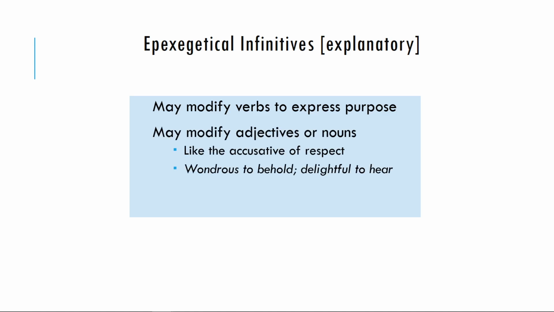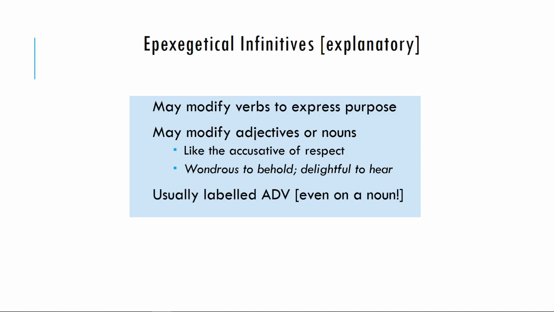It's a kind of accusative of respect, but think of it as some of these adjectives and nouns have kind of a verbal meaning in them. And so you get infinitives sometimes. Delightful to hear, wondrous to behold, usually labeled as an adverb, even if it's on a noun.